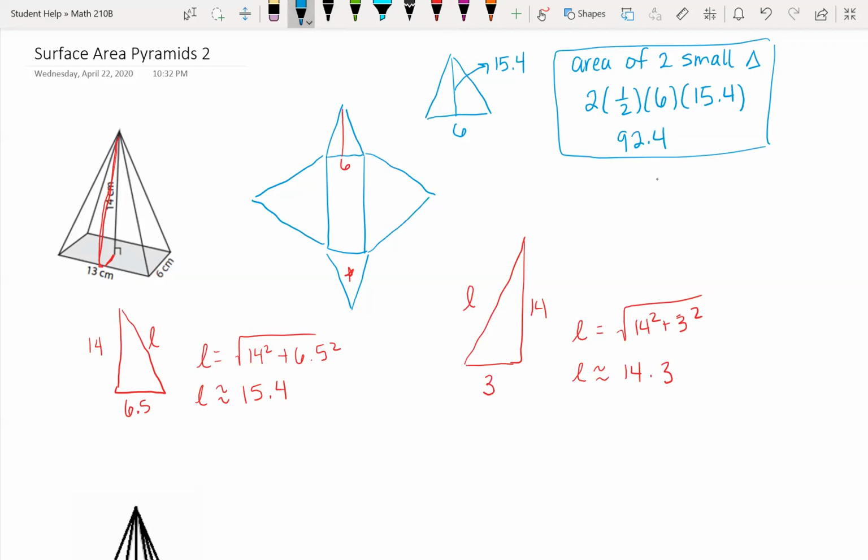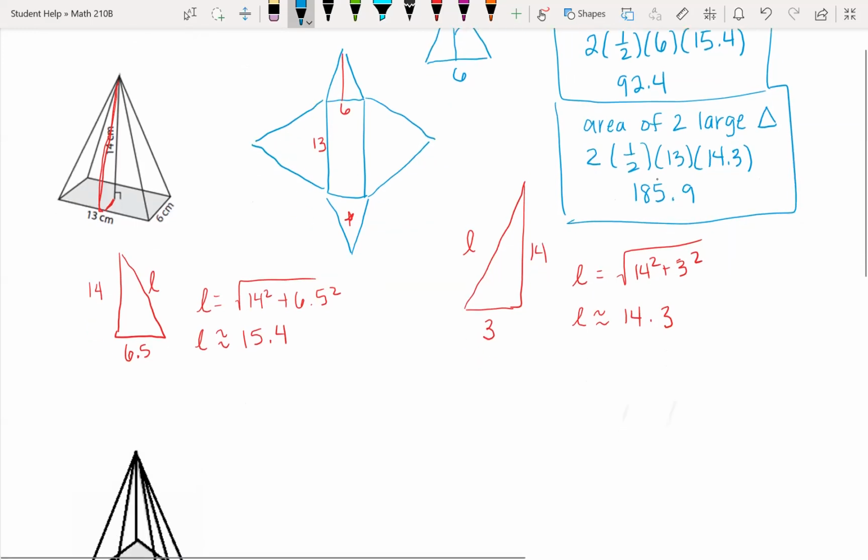So then the area of two large triangles is 2 times 1/2. The base of that triangle is 13. And the height of that triangle we just found to be 14.3. So that's going to be 185.9.